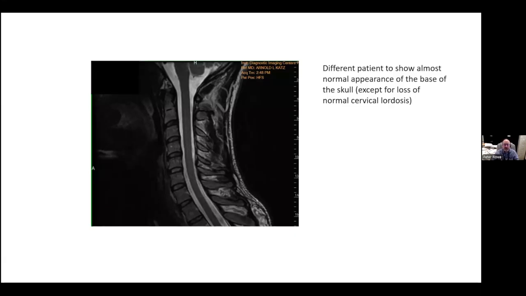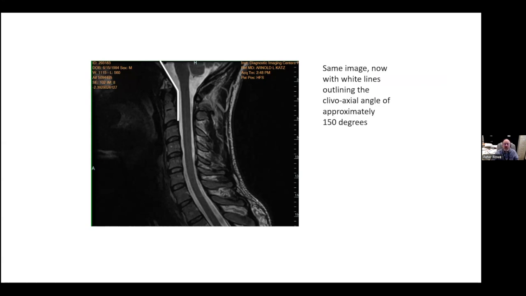So this was a picture of a fairly normal MRI of the craniocervical junction here. There's a bit more straightening of the cervical spine than you'd see in a perfectly normal study, in which case you'd want the cervical spine to be a bit lordotic and have the appearance of the front part of a parenthesis, that kind of a nice gentle curve.